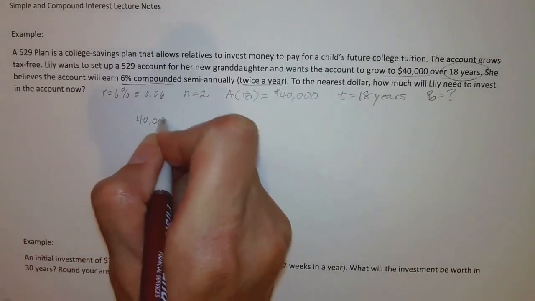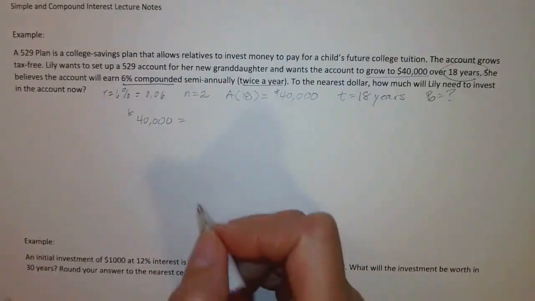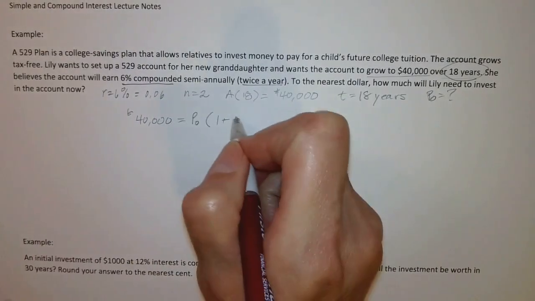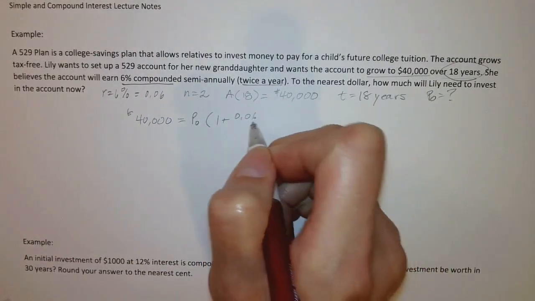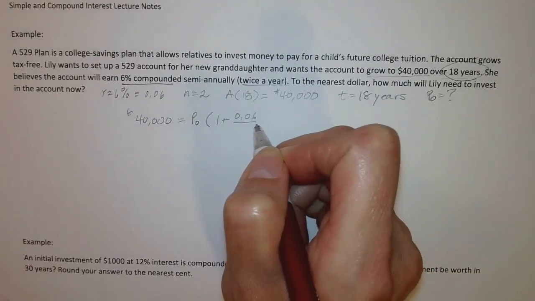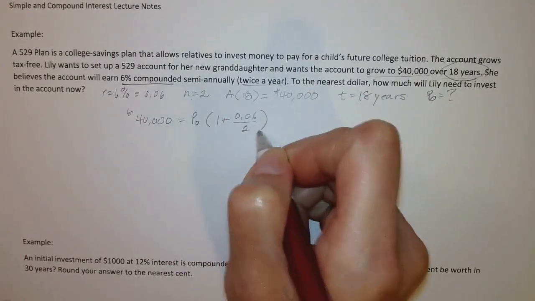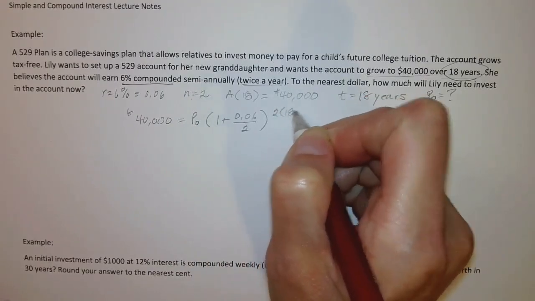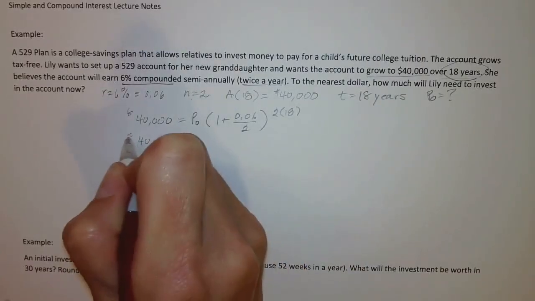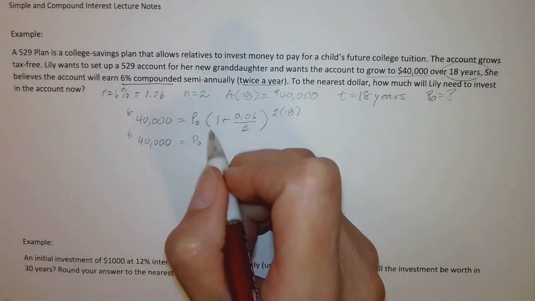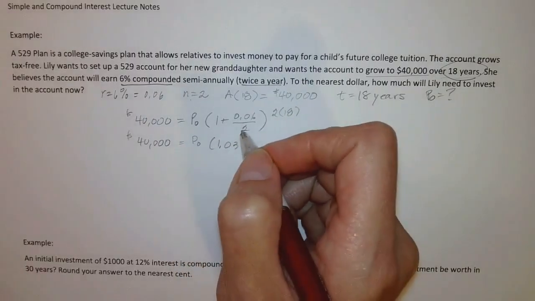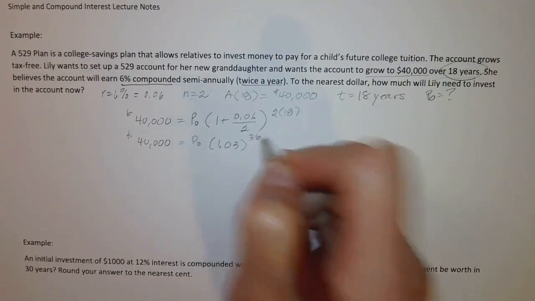So $40,000 is equal to the initial amount, which we don't know yet, times (1 plus the rate, 0.06, divided by the compounding periods, which is 2), to the 2 times 18. And that gives me 40,000 is equal to P sub 0 times 1.03 to the 36th power.